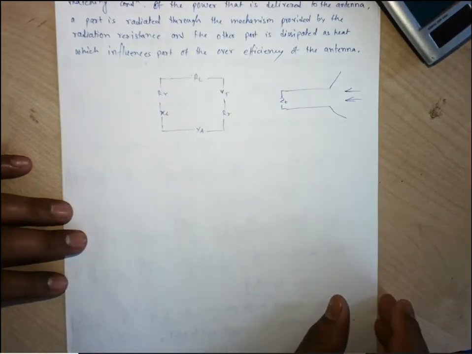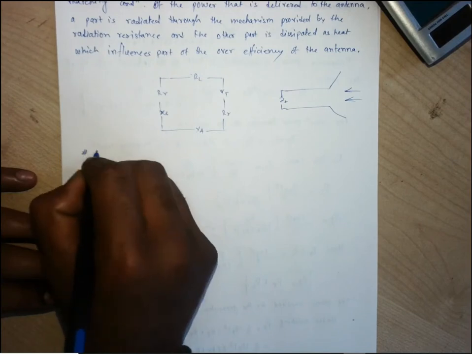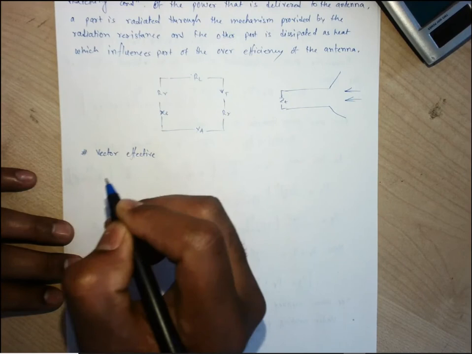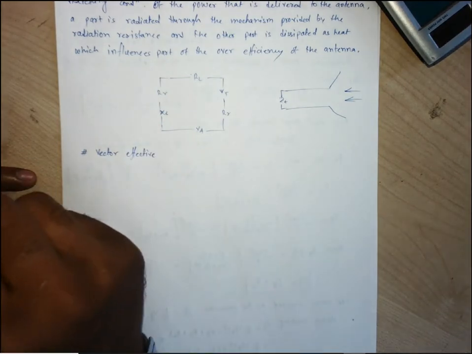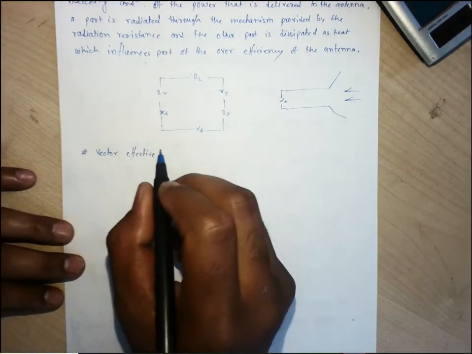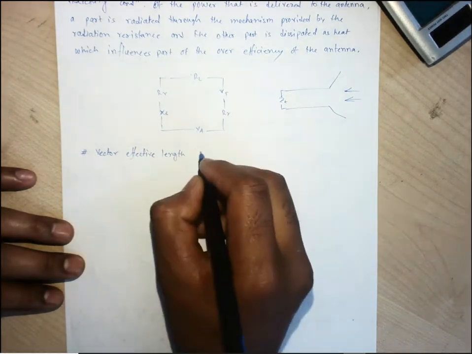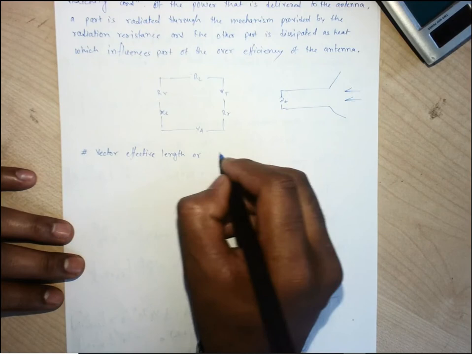Next is vector effective length. Polarization loss factor. Vector effective length, or we simply say effective height.